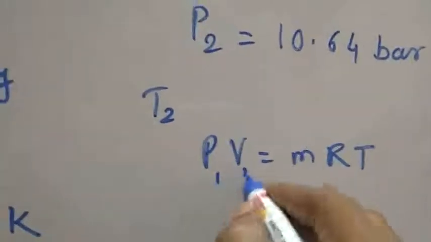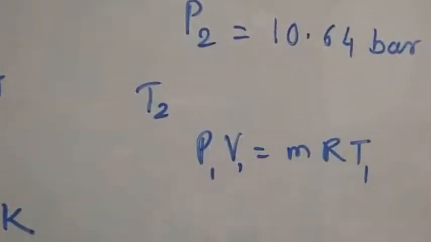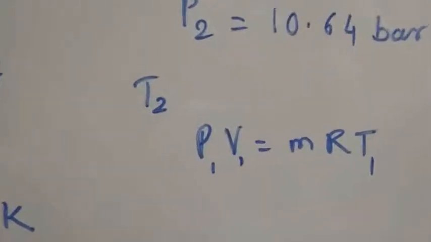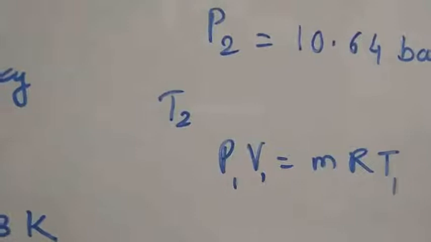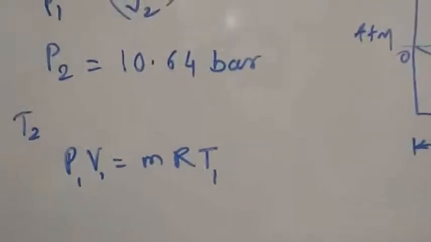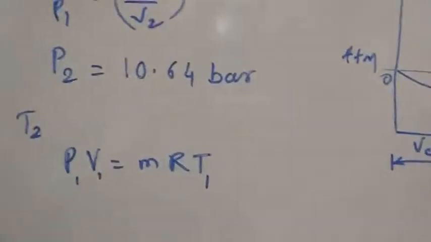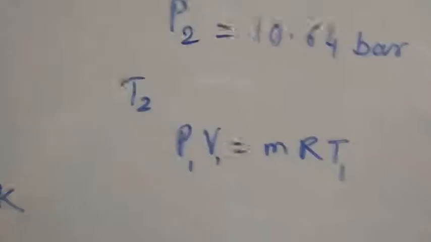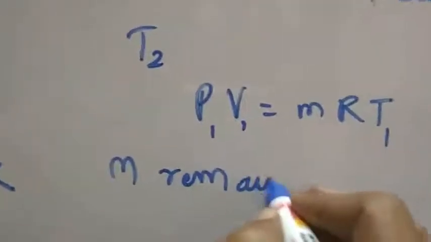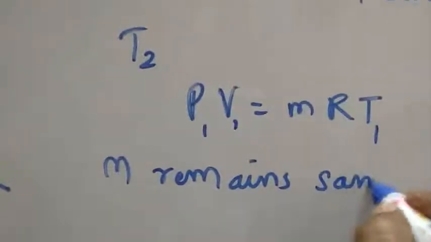So P1 V1 is equal to MRT1, where R is a constant. M is not going to change between 1 and 2. The charge taken at point 1 is the same charge being compressed to point 2, so there is no change in the mass of charge. M remains the same.